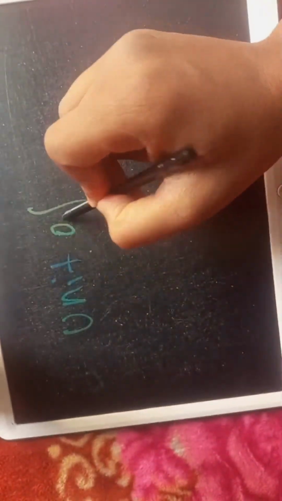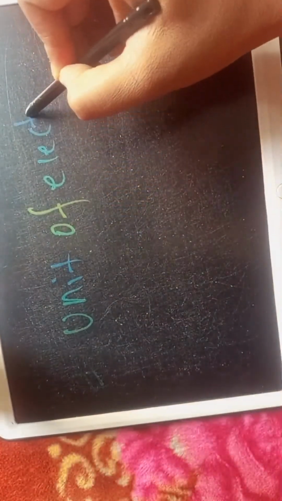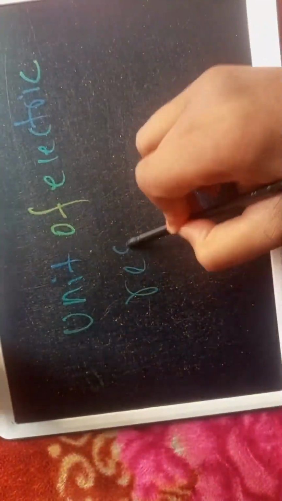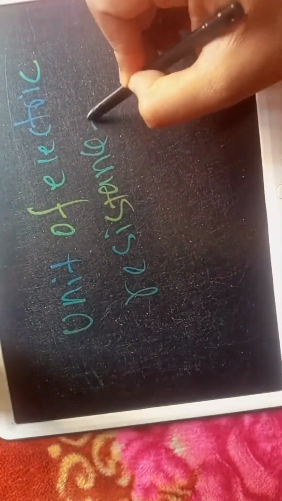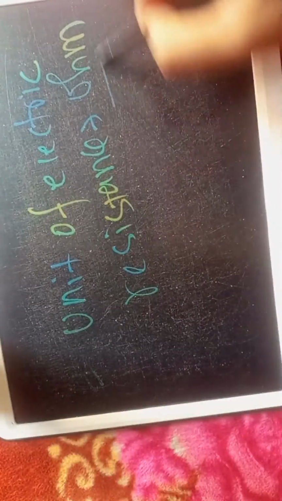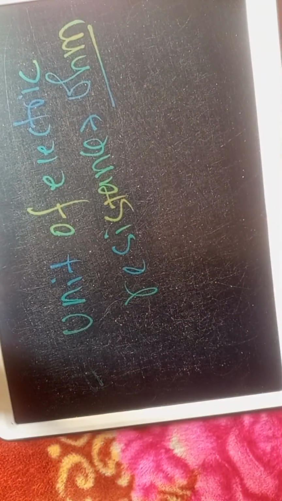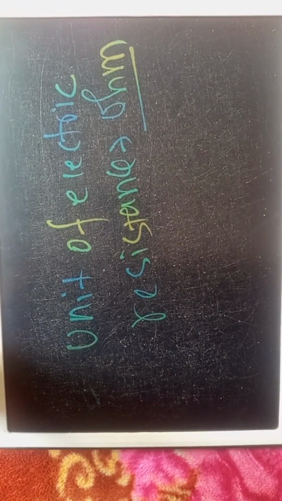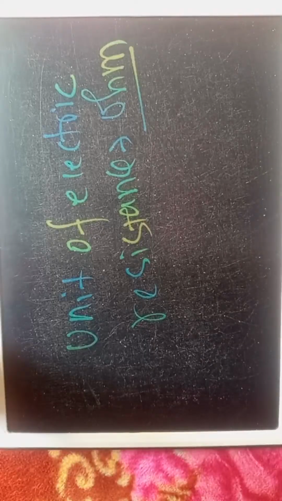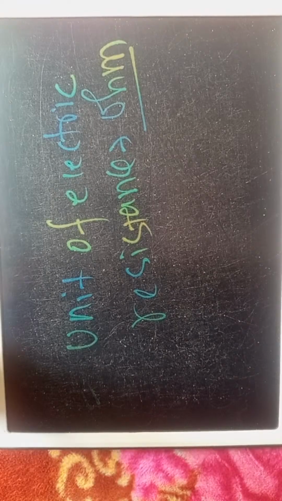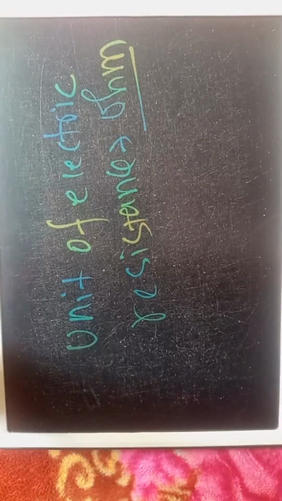And another: what is the SI unit of electric resistance? Ohm. Unit of electric resistance is ohm.